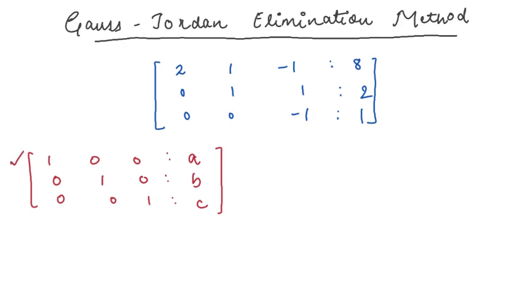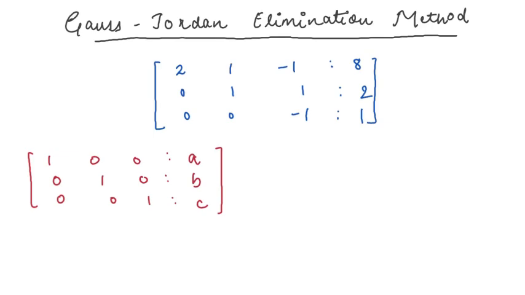Basically, the Gauss-Jordan method extends Gaussian elimination. Instead of eliminating only the elements below the pivot, we eliminate the elements both below and above the pivot. Our goal is to transform the coefficient matrix into the identity matrix. This process consists of three stages.